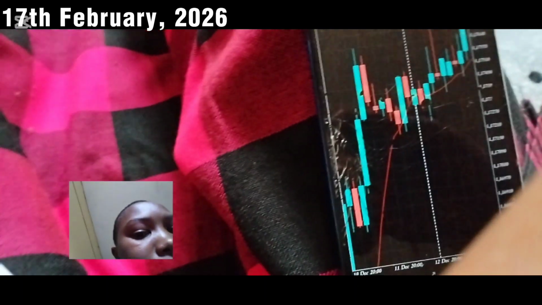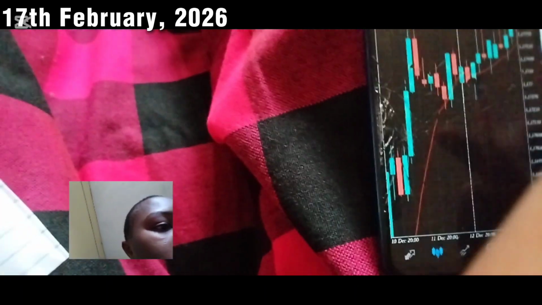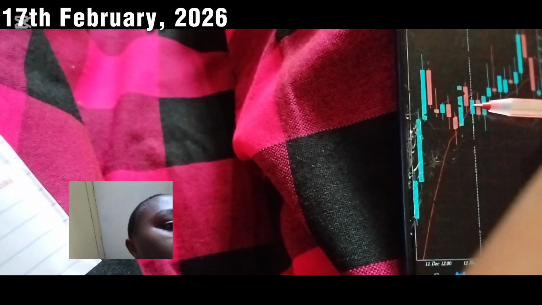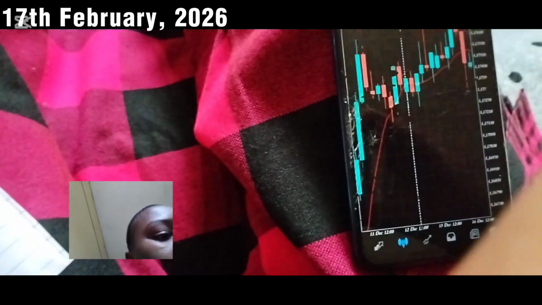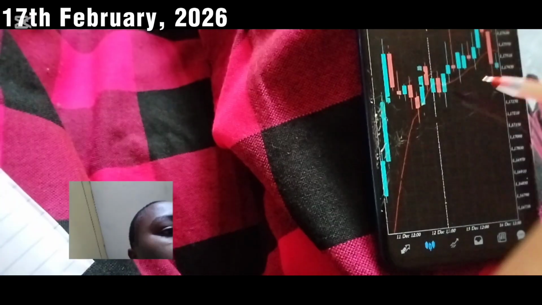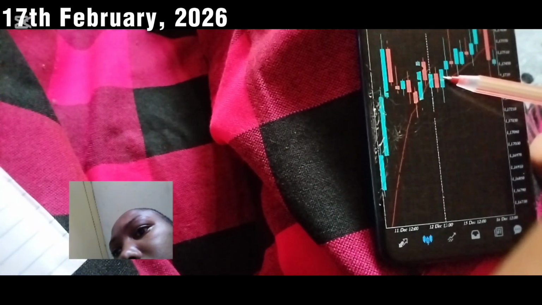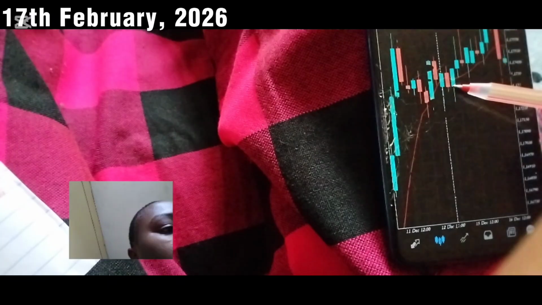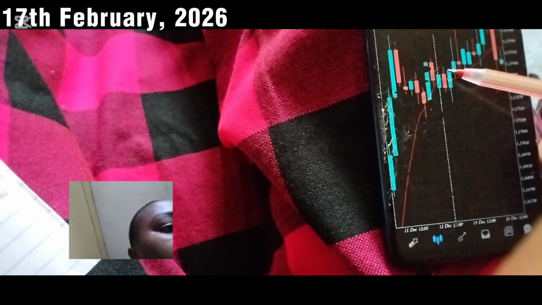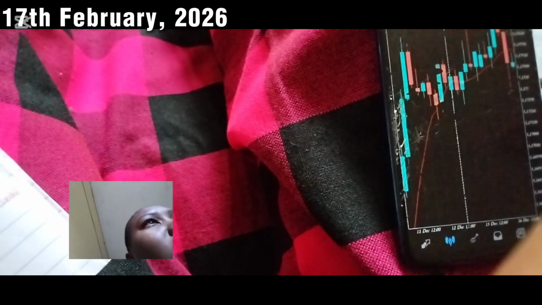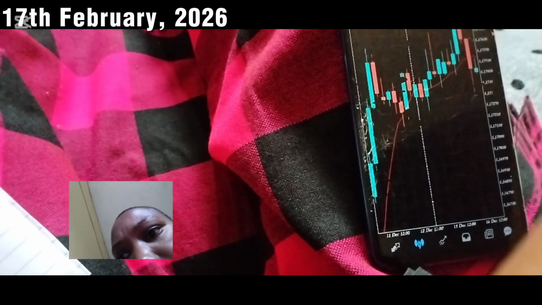So in this case here, we said the green one is going up, and who is in control? It started here, it closed here, but it doesn't have a wick there. So when you see there's no wick, it means there were strong sellers.